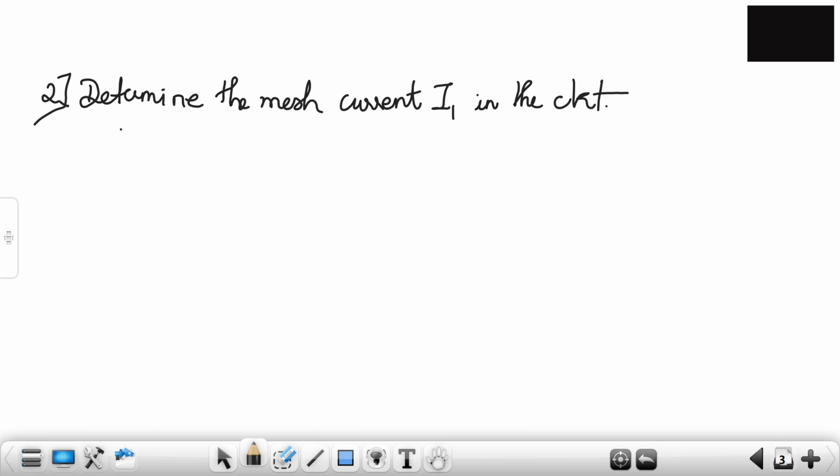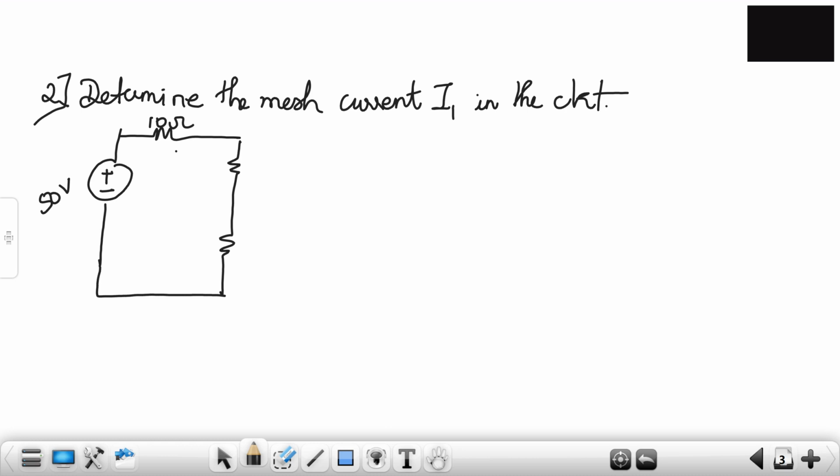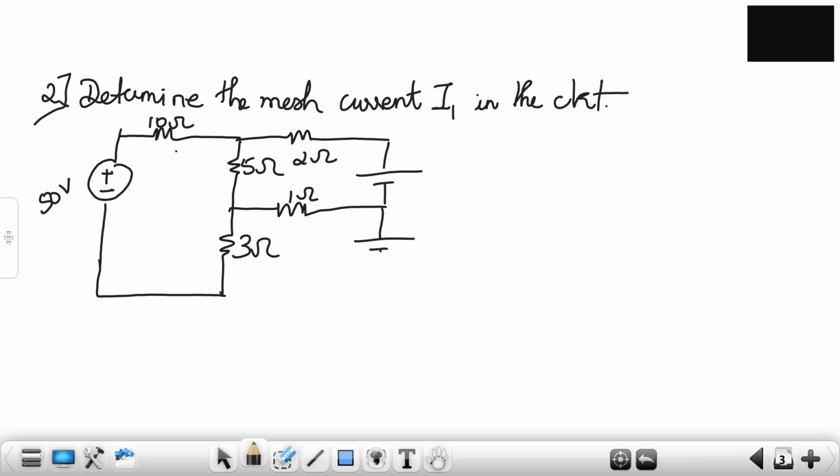Let's draw the circuit diagram. Please copy the diagram.